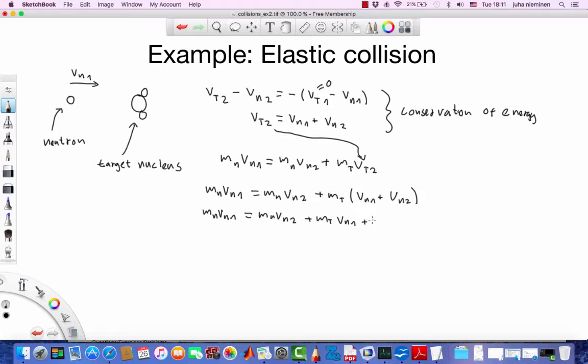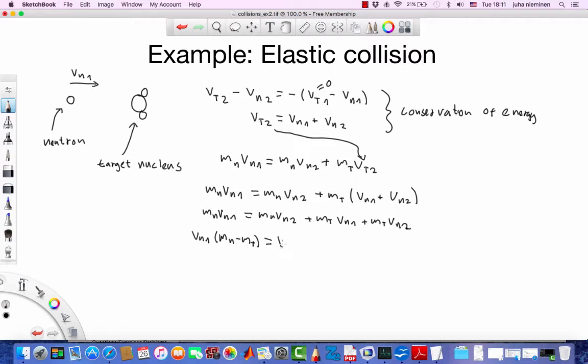plus mt vn2, and now bring everything with the Vn1 to the left hand side and keep the Vn2s on the right hand side. For the Vn1s, take that as a common factor, we have Mn from here minus Mt, the mass of the target, from there.